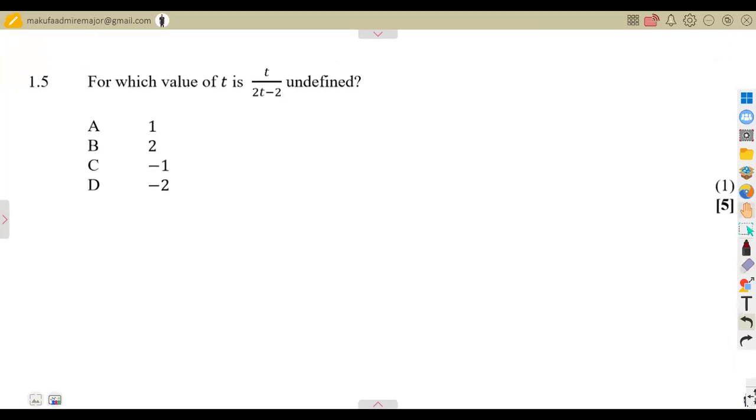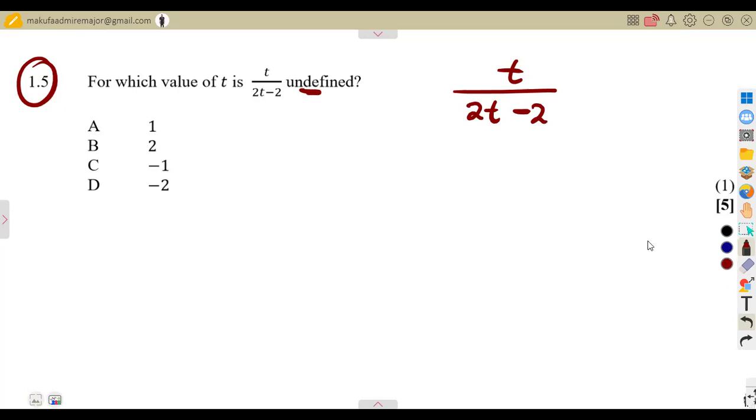All right, 1.5, you are given: for which value of t is t over 2t minus 2 undefined? There is this term that you're given undefined. What does it mean to be undefined?